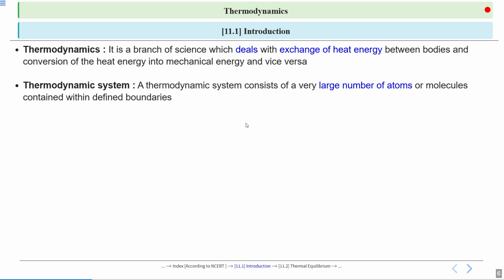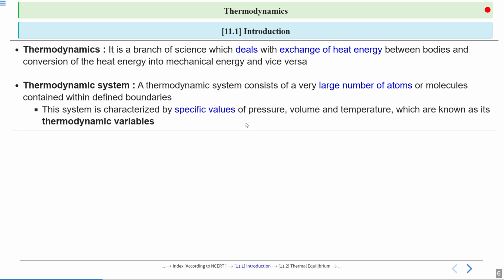Now, thermodynamic system. A thermodynamic system consists of a large number of atoms or molecules contained within defined boundaries. This system is characterized by specific values of pressure, volume, and temperature, which are known as its thermodynamic variables.